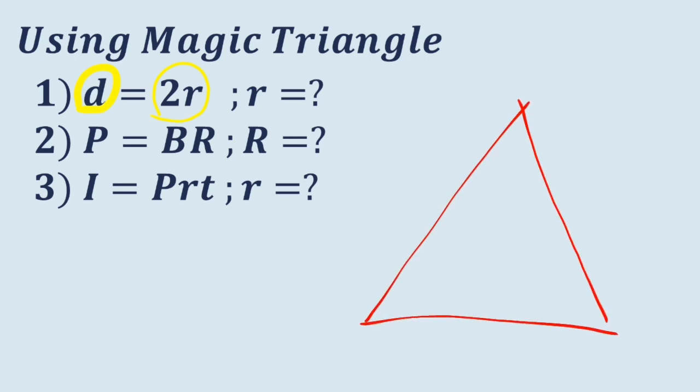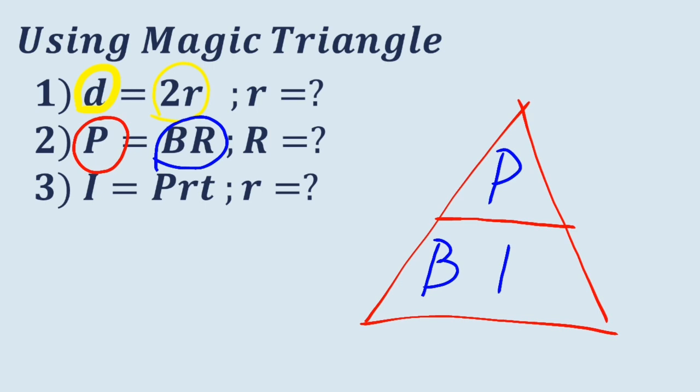This is our magic triangle, and what is on the left hand side will be placed on the upper, this P. Okay, sorry. Let's color it with the blue. Okay, P. And what is on the right hand side, we'll place here on the lower portion.